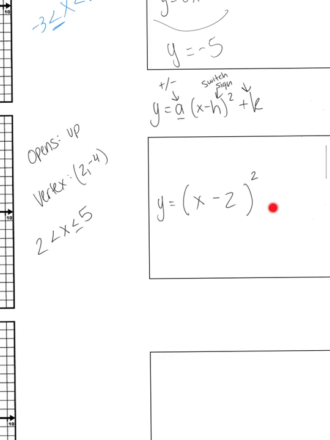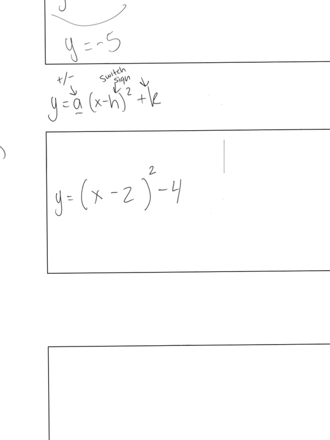And then on the back for my k, I leave this k alone. I only switch the sign on the h, leave the k alone, so I'm going to leave it as -4. There's my equation. And then I just need my domain restrictions, which we already took care of. It's between 2 and 5 with the 5 underlined, if x is between 2 and 5 with the 5 underlined.